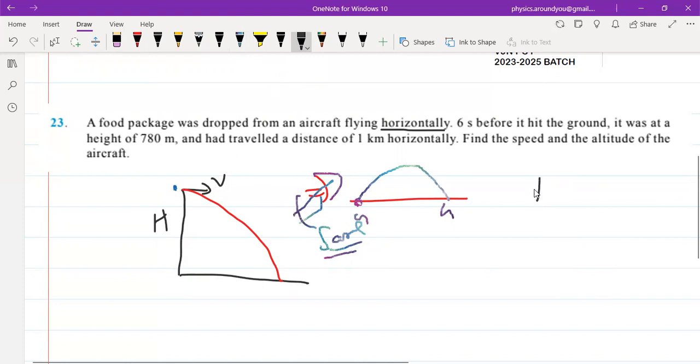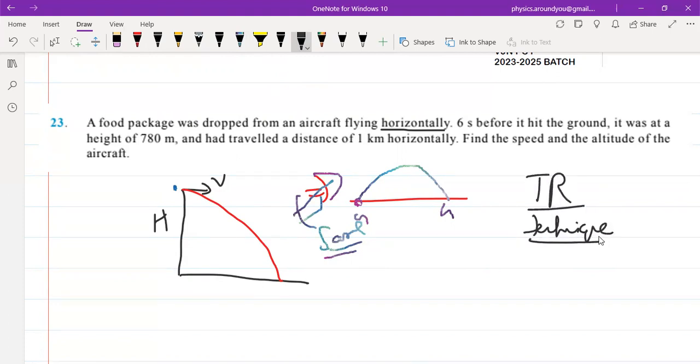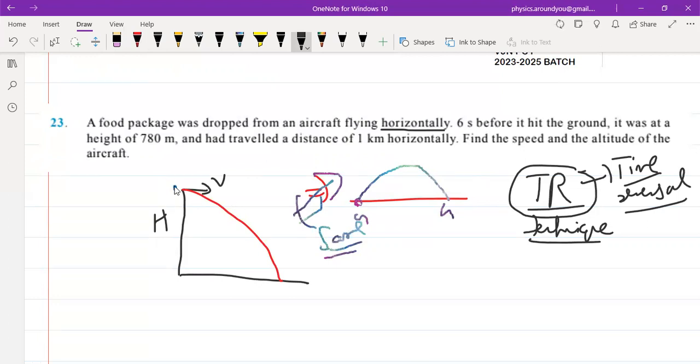I call the technique the TR technique. What is a TR technique? In kinematics, TR, as I have named it, is the time reversal technique. What does this do? Well, instead of seeing this come from a height above ground to the ground, I can equally imagine the film running backwards, right?